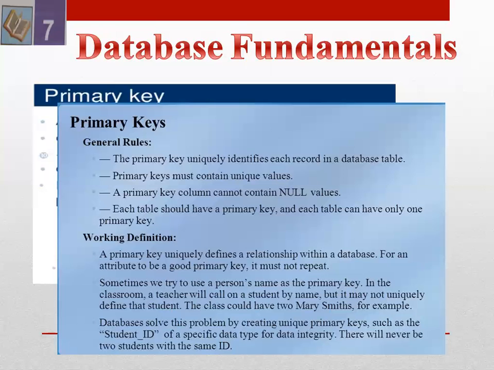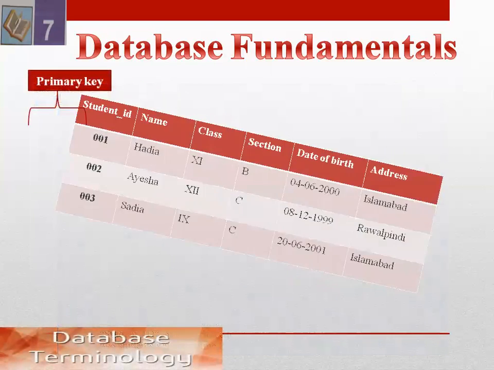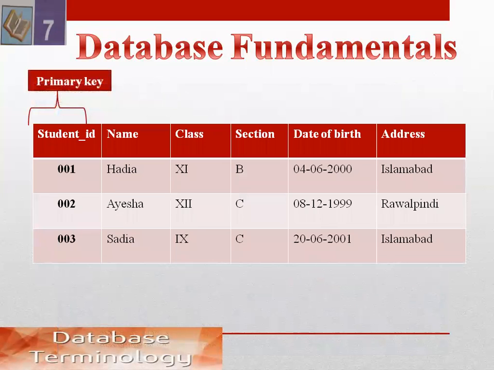Some most important points about primary keys: a relation can have only one primary key. Each value in a primary key attribute must be unique. A primary key cannot contain a null value. Here is an example of a student table.